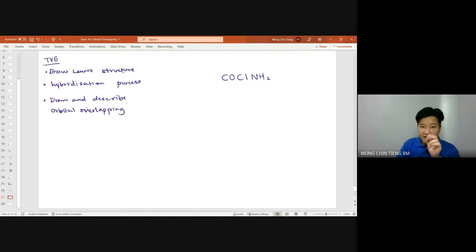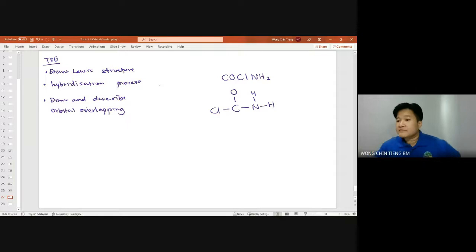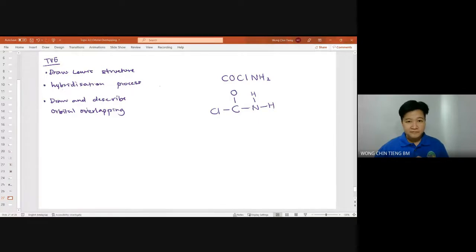I give you the skeletal. Skeletal, not the correct Lewis structure. Skeletal only. Okay. Google Classroom.